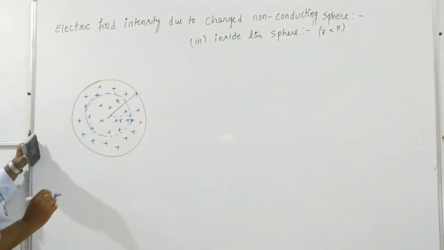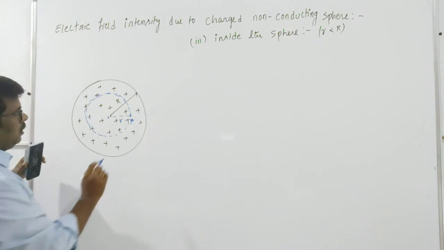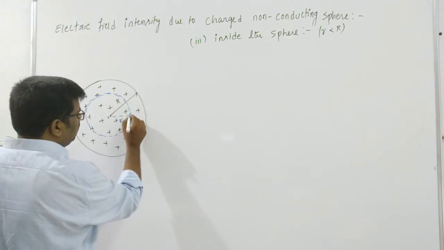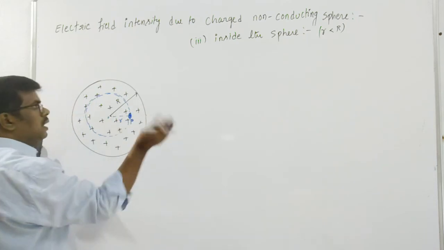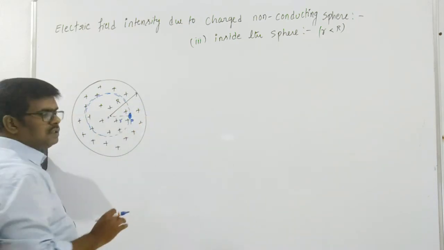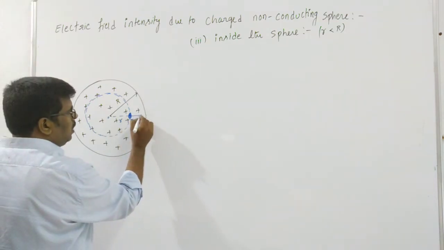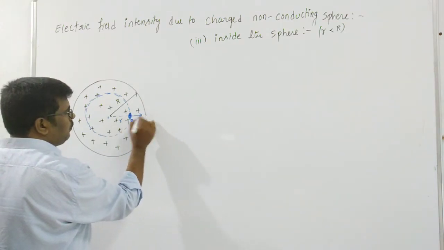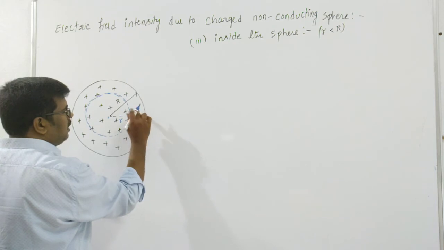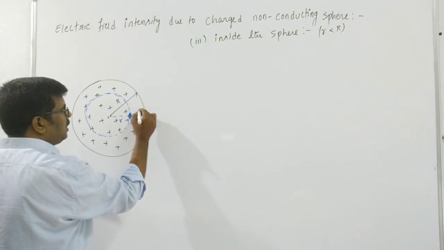Now you can follow the same procedure here. Earlier the charge was 0 in the conducting case, but here now the charge is not 0. The electric field intensity E direction as well as area vector direction, both are along the same direction.